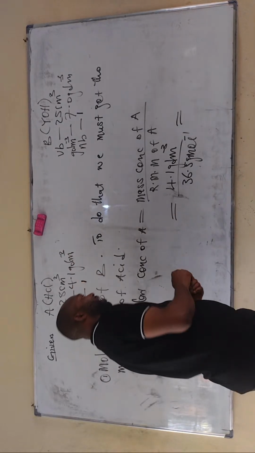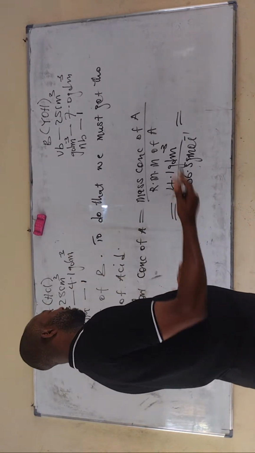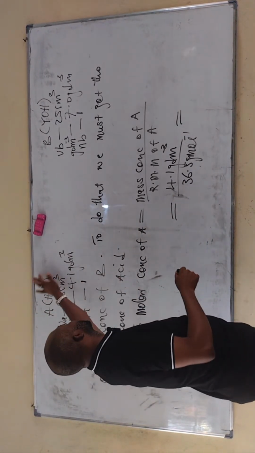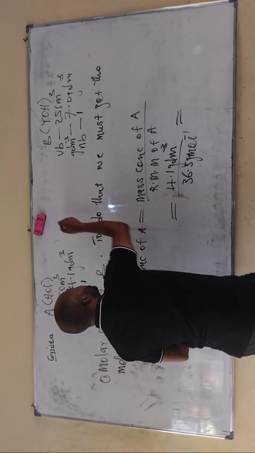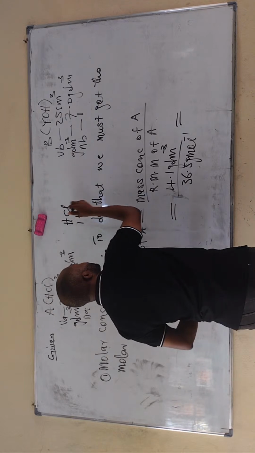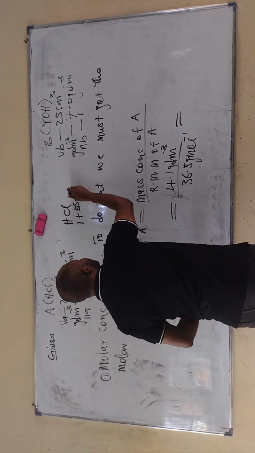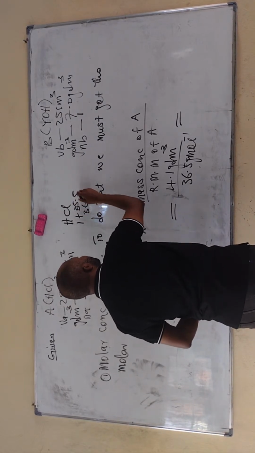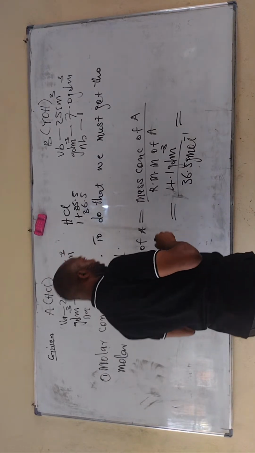Most of us will want to ask, how do you get 36.5? We have to calculate the relative molecular mass of HCl. So if this is my HCl, hydrogen is 1 plus chlorine is 35.5. When you add that, you have 36.5. That's how we got there.